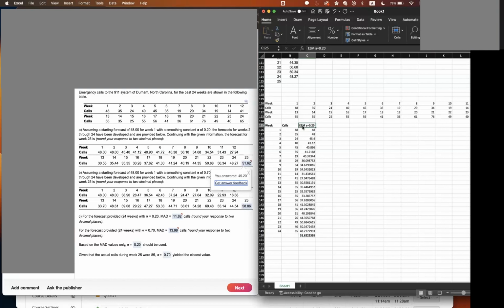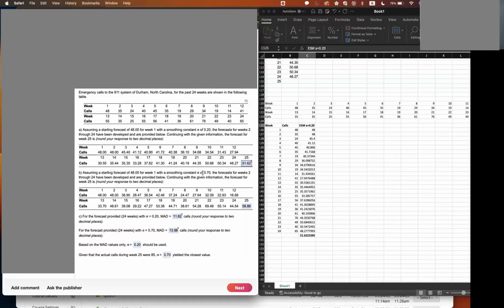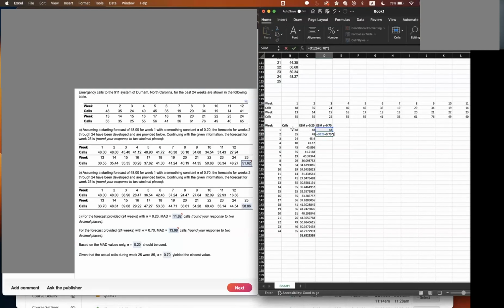Yeah. And then, okay, B is the method when alpha is 0.70, right? So I'm going to say ESM alpha equals 0.70, and it starts with 48. Ft equals Ft minus 1 plus alpha 0.70 times At minus Ft minus 1.